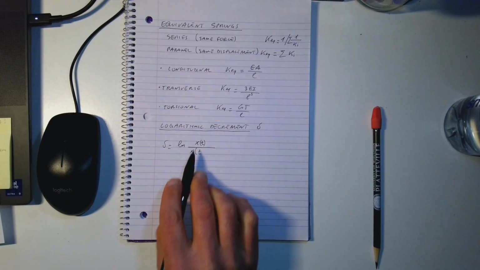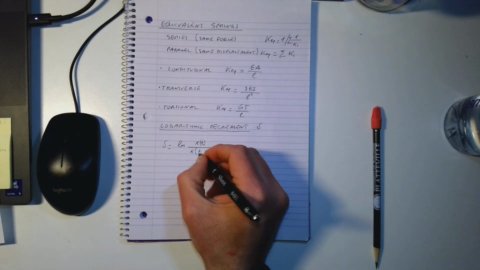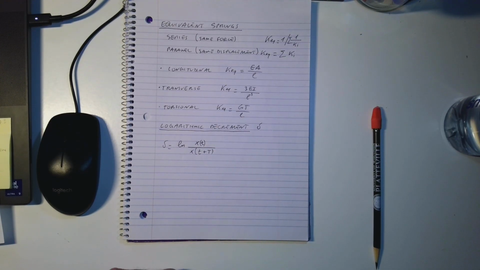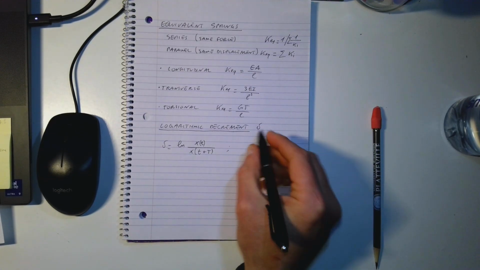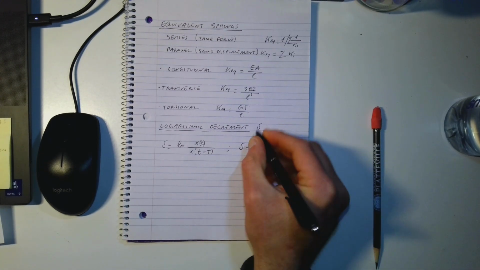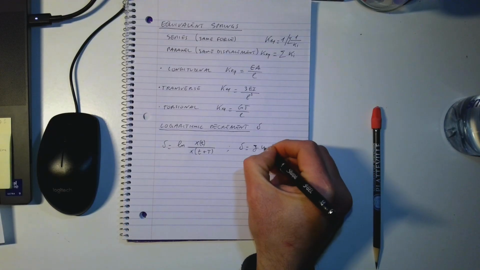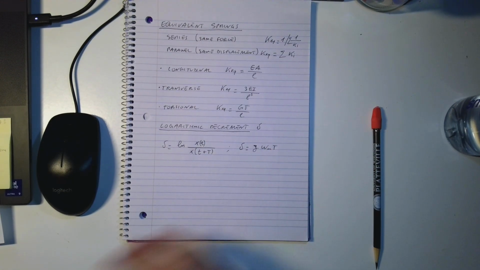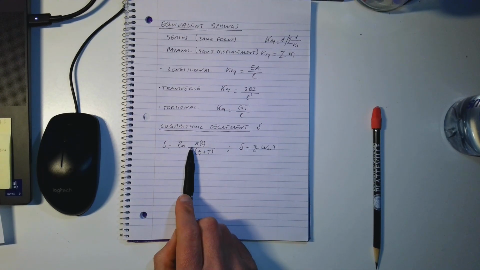So we have x of t divided by x of lowercase t plus uppercase T. We know that for underdamped systems we can write this expression. We have delta is equal to zeta omega n T. If you remember, we went through a few steps, so you can go back to the notes and look at how we obtain this from this.